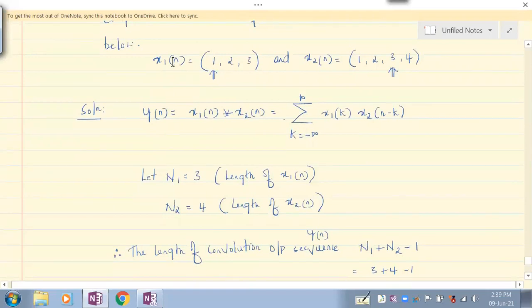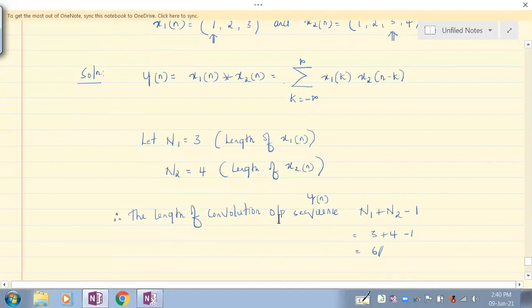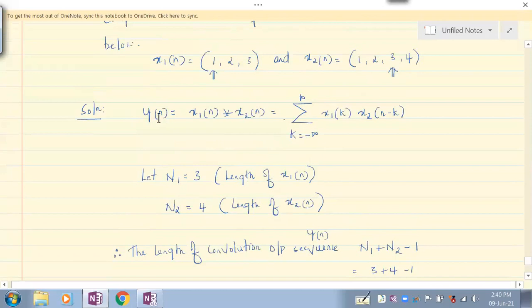See here, x1 of n has got 3 samples, so let n1 be 3. x2 of n has got 4 samples, so let n2 be 4, the lengths of x1 of n and x2 of n. Therefore, length of the convolution output y of n would be n1 plus n2 minus 1. So it's 3 plus 4 minus 1, so 6 samples. That means y of n would have 6 samples.